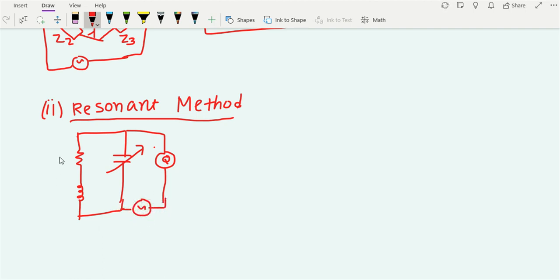This is the resistance R, this is the inductor L, and this is the capacitor C. At the resonant condition, by knowing the capacitor value, the frequency value and the Q value, you can calculate the unknown impedance, that is Lx and R. So this unknown impedance Lx and R you can calculate. This is another kind of impedance measurement process.